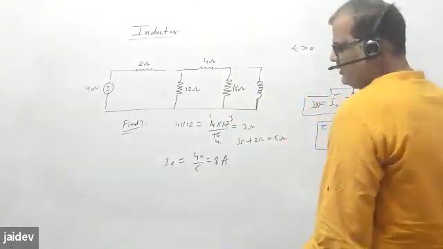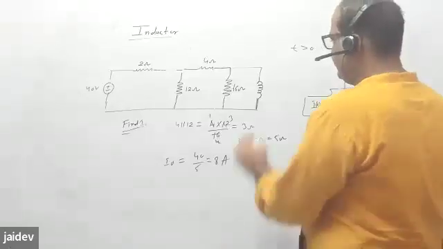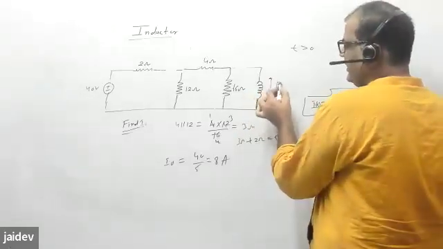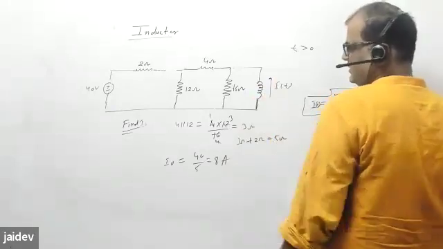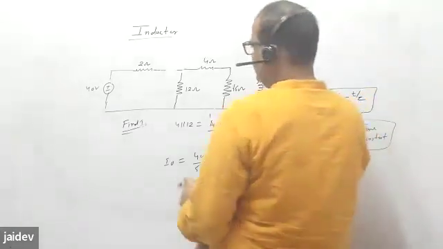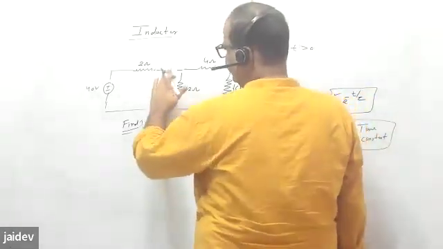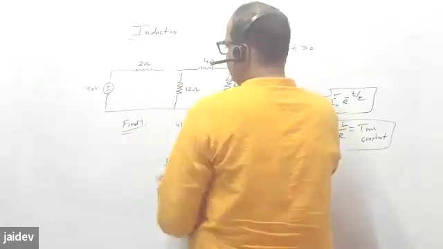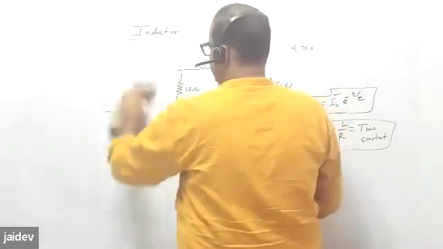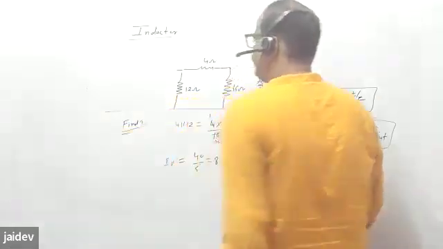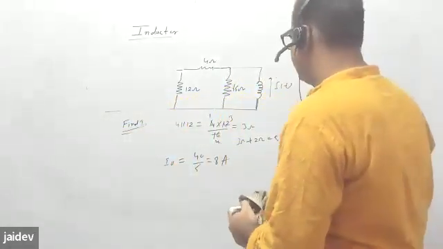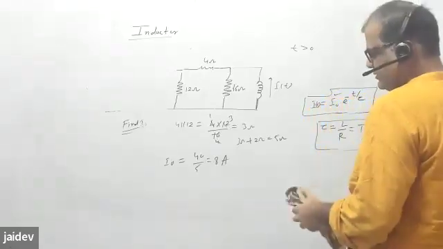Now current will decrease and will change sign. I(t) will be like this. And this portion you are removing, disconnecting, so you can remove this one. So now you can find I(t).